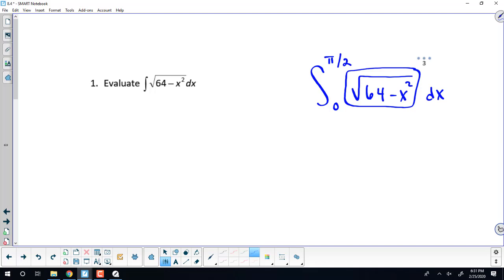Because what does the graph of square root of 64 minus x squared look like? A circle centered at the origin with a radius of 8. The first quadrant in this case.